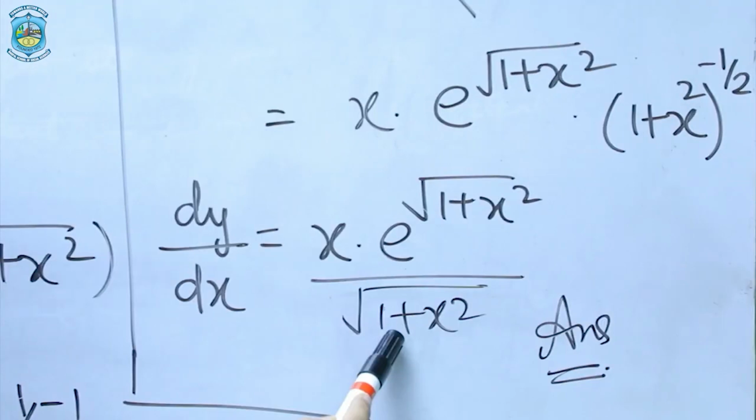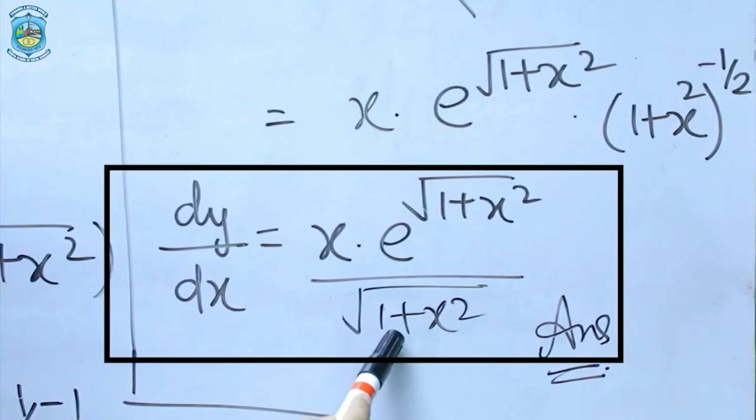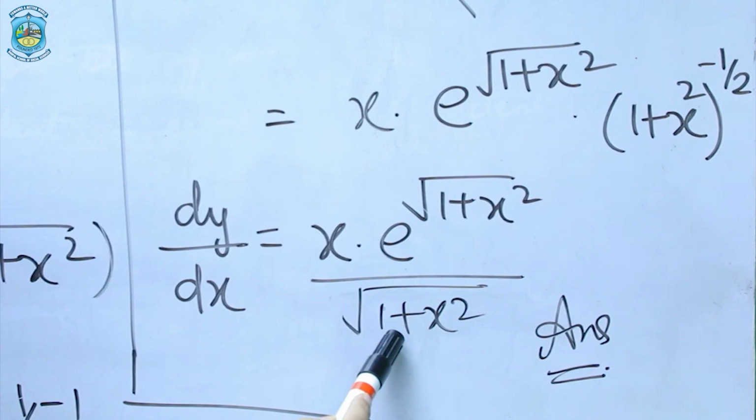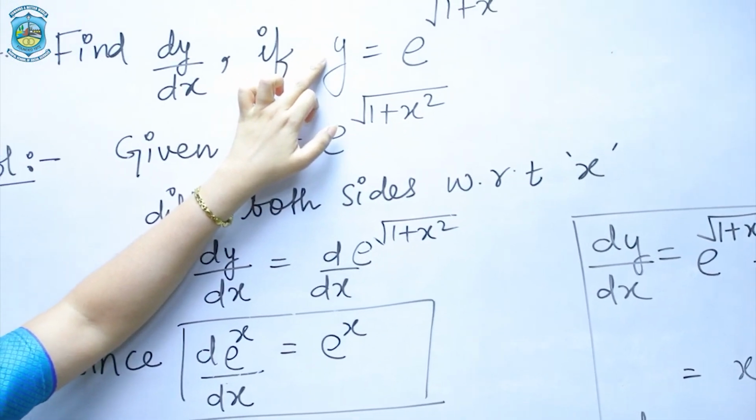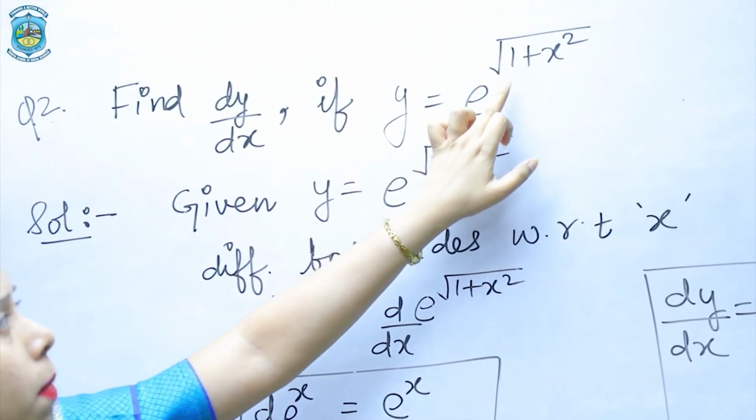So dy by dx is equal to x into e raised to the power square root of 1 plus x square divided by square root of 1 plus x square, is the final value of the derivative of the function where y was equal to e raised to the power square root of 1 plus x square.